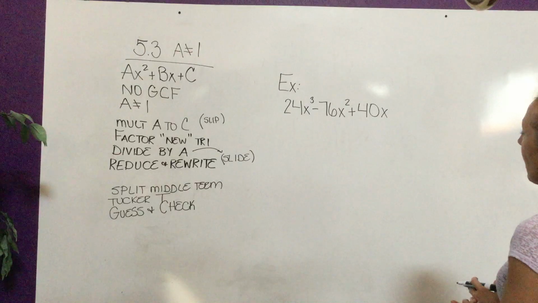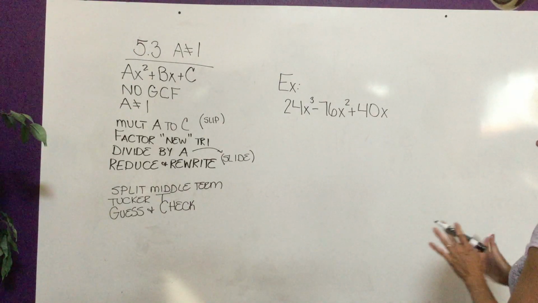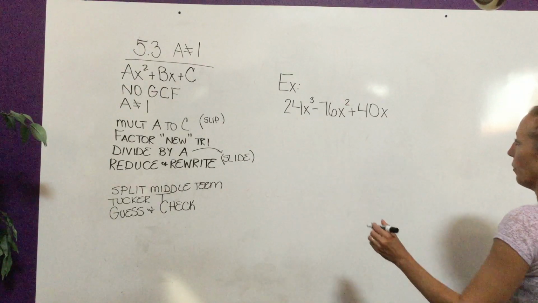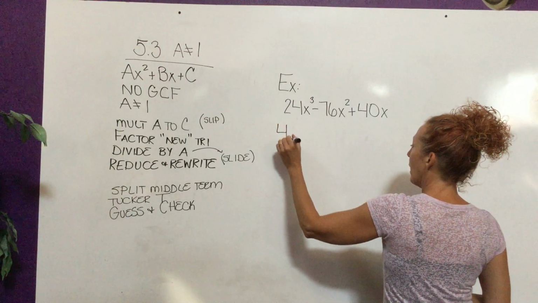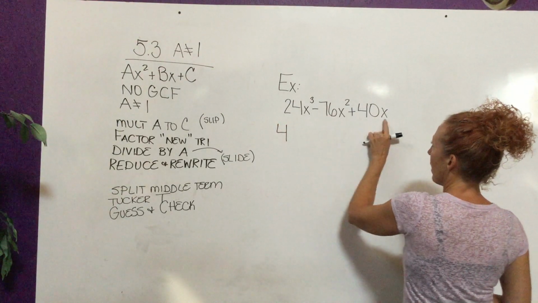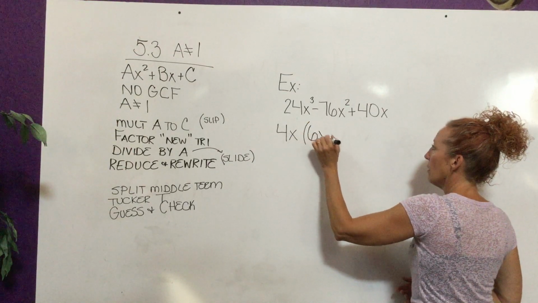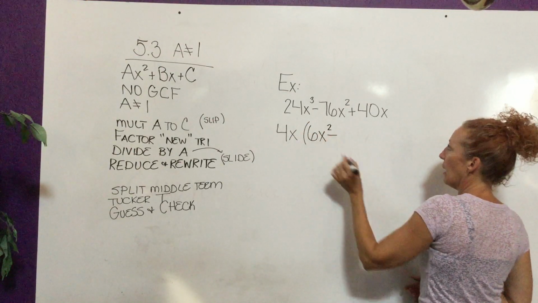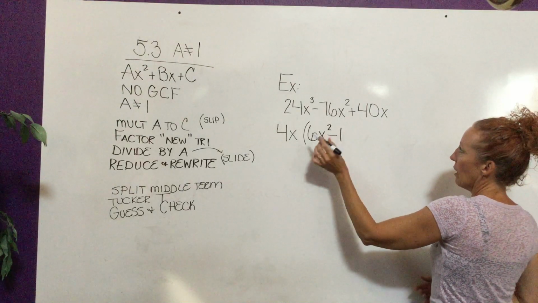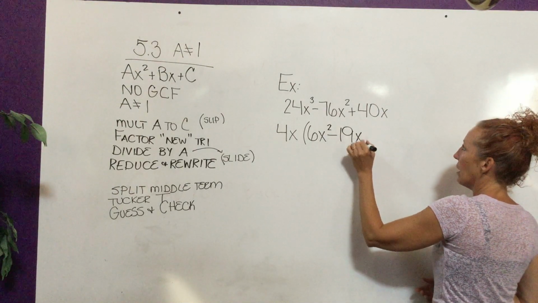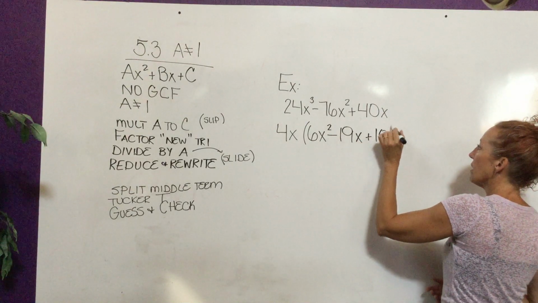As I look at it, I know that all three of those are divisible by the number 4. And since this is x to the third power, x squared, and x, I know I can pull an x out to the front. So when I divide and subtract, I know this is going to be 19x plus 10.